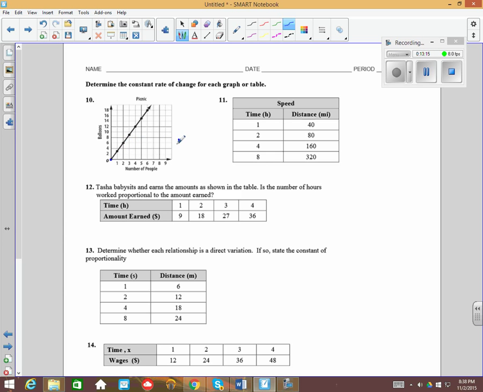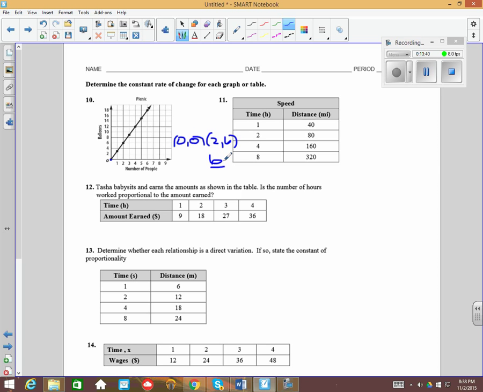So if you want to determine the constant rate of change, if you start with (0, 0) as one point, and then the other point looks like it is (2, 6). To find the constant rate of change, you find the change in y: 6 minus 0 gives you 6.